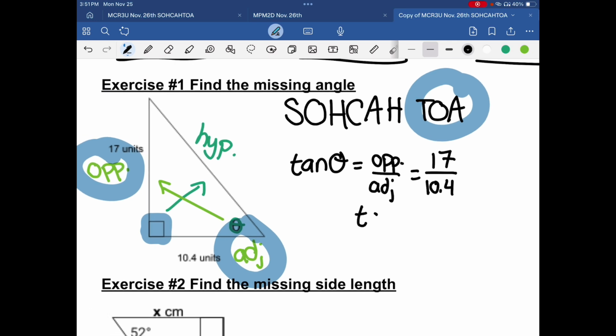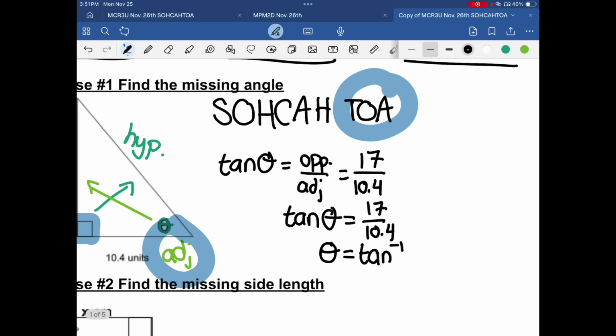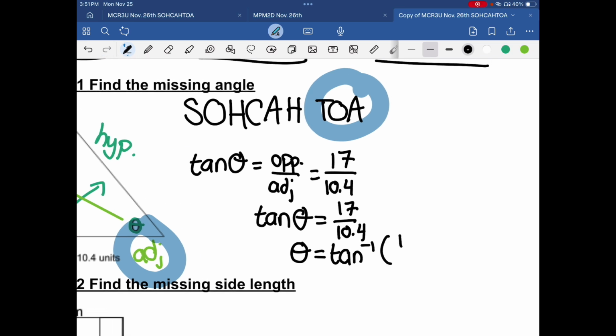And then I know my tan theta is equal to 17 over 10.4. And then to isolate my theta, I would do the inverse of tangent, which is inverse tan, of 17 over 10.4. I'm going to plug that into my calculator.